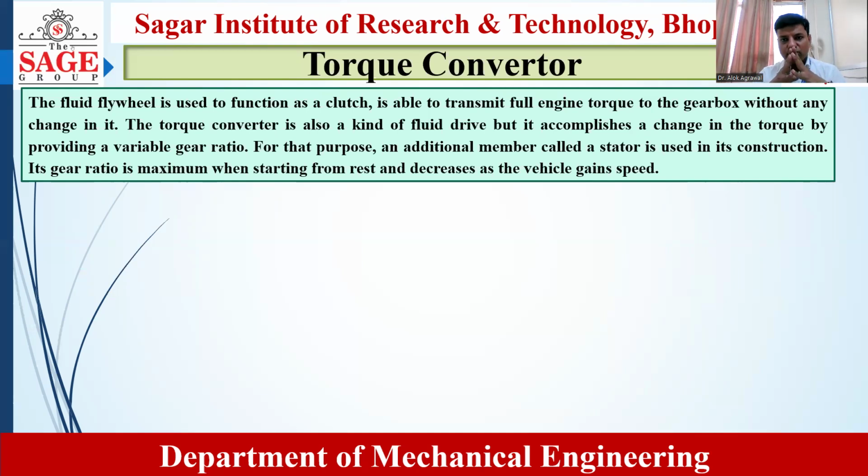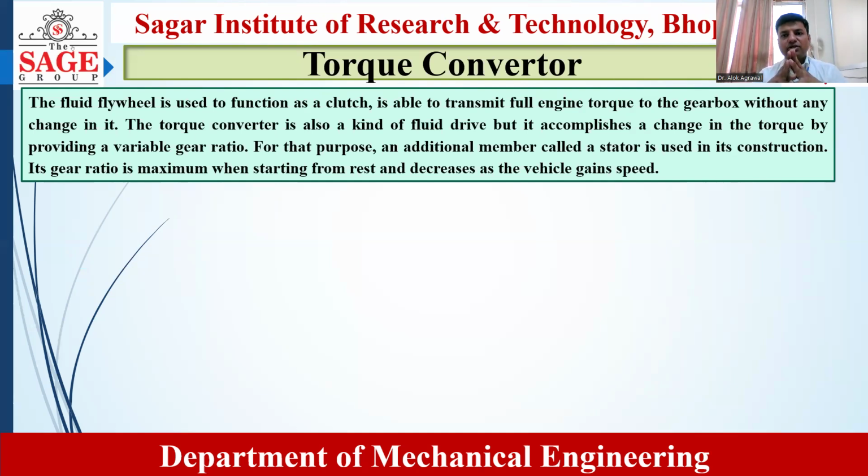That is the uniqueness of this torque converter, which is slightly different from the fluid flywheel. To accomplish this, an additional member called a stator is used in the construction. Most of the construction is similar to that of the fluid flywheel, but we have one extra component here to convert the torque, and we call it a stator.